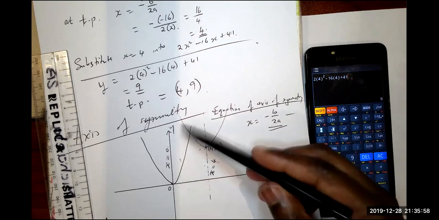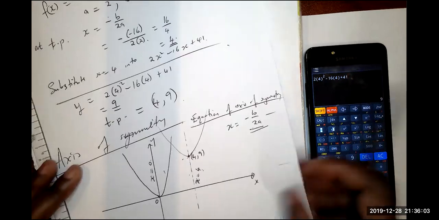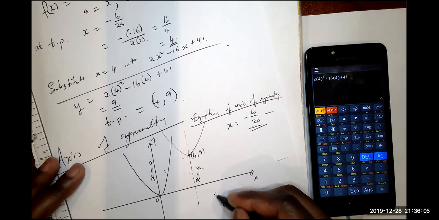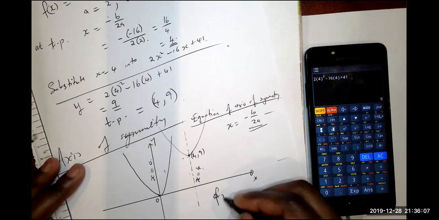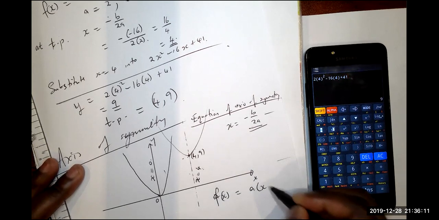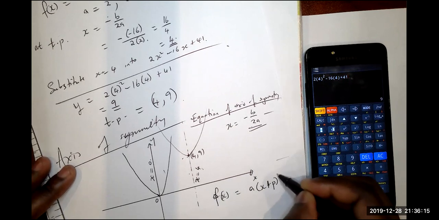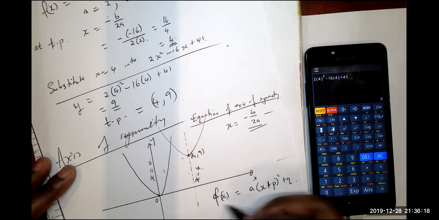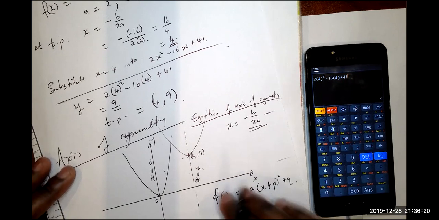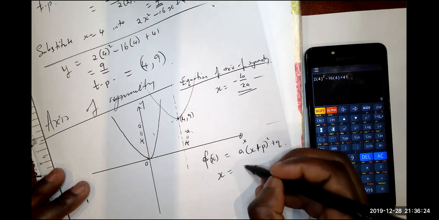Pick the x value. In other words, when it's in this form, say f of x equals a times (x plus p) squared plus q, for the equation of the axis of symmetry, what you need is just x equals negative p.